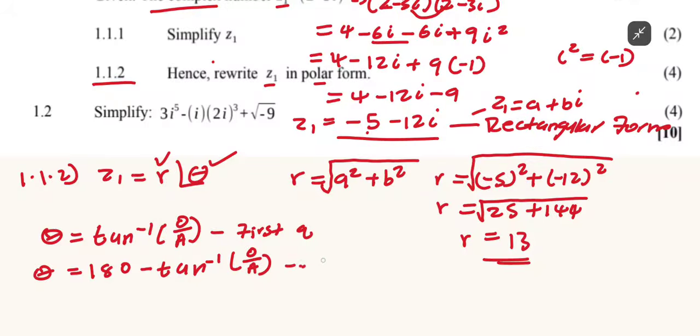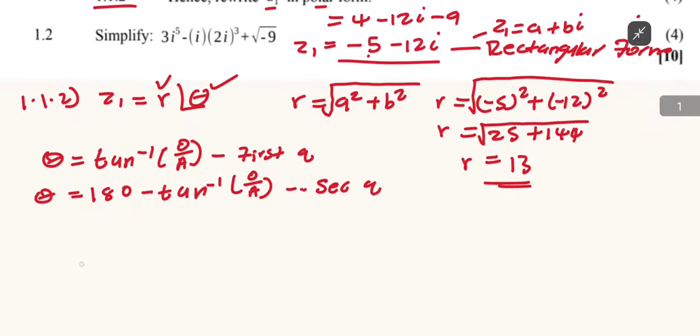Then theta on our third quadrant will be 180 plus the inverse function of tan, opposite over adjacent.